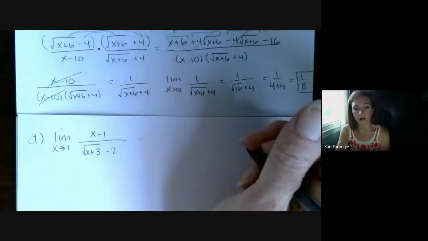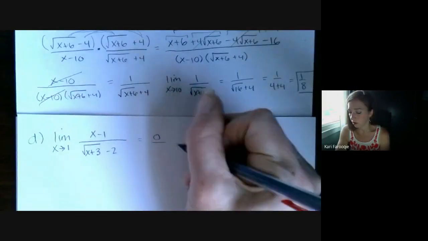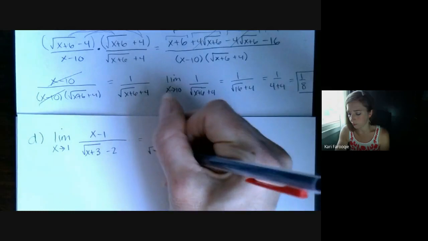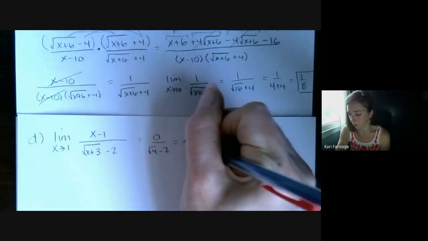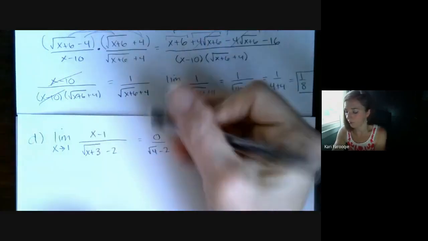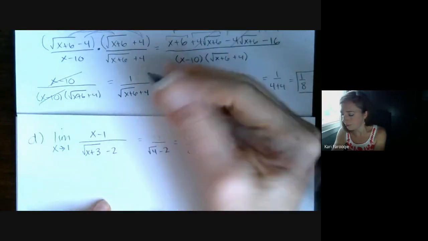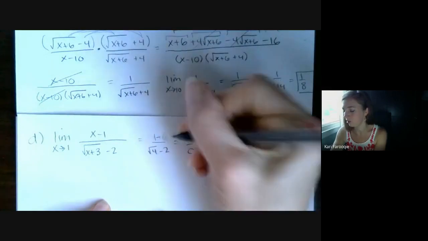If we go ahead and use direct substitution, you will end up with 0 over 0. Got 0 on the brain here.